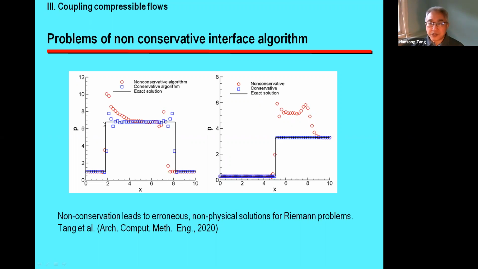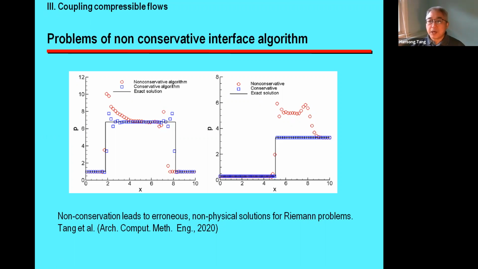However, it should only be this much. So there's a big error in the strength of the shock wave. On this side, the numerical solution tells us the shock wave is someplace here, but it is actually here. So location-wise, there's also error. This will be a big problem in the computation of realistic problems.